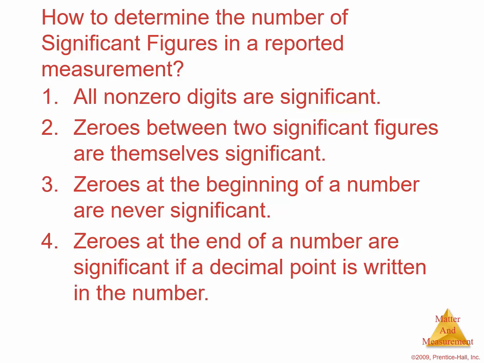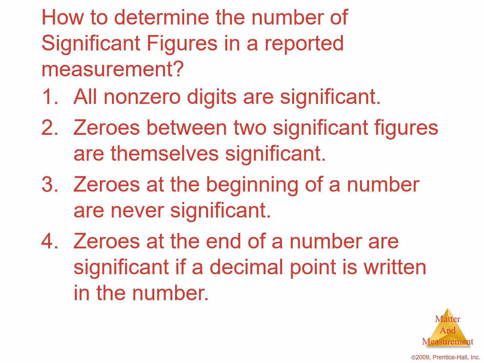Now, a problem arises when a number ends with zeros but contains no decimal point. In each case, it is normally assumed that the zeros are not significant. And to explain this, exponential notation can be used to indicate whether end zeros are significant or not.